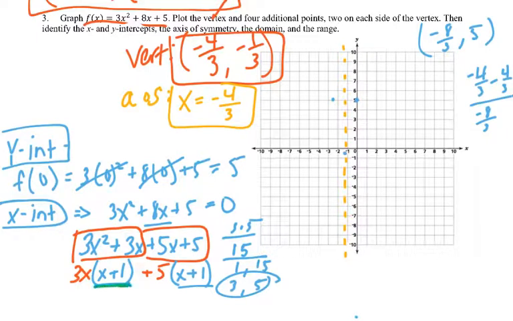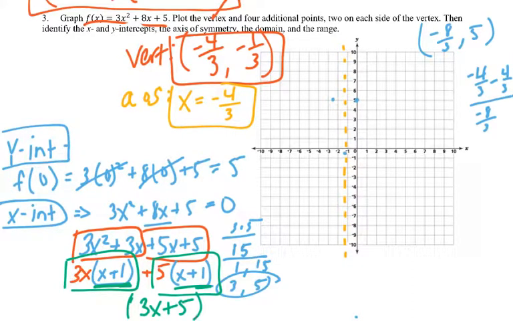I can factor the x plus 1 out of both of these terms, and what will remain will be the 3x plus 5. So I have factored this to be x plus 1 times 3x plus 5. That is still set equal to 0.